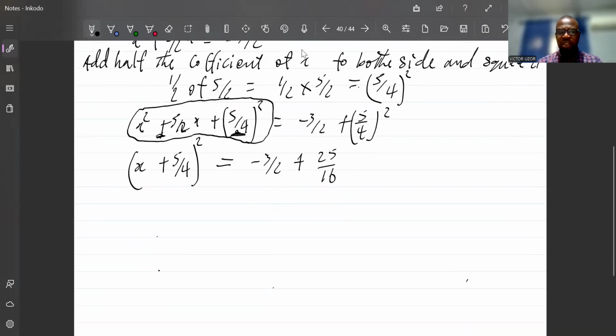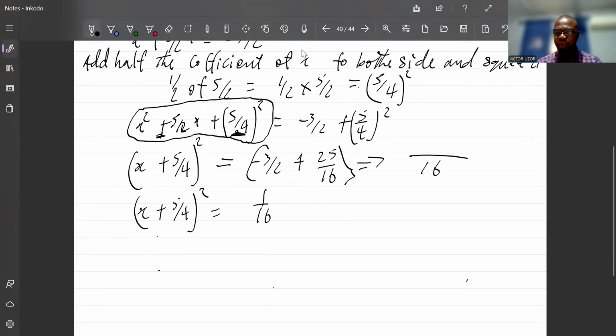From here, you simplify the right-hand side. If I simplify this, it's going to give me 1 over 16. If I want to show you this one alone, if I find the LCM, which will be 16, I will have negative 24 plus 25, which will give me 1 over 16.